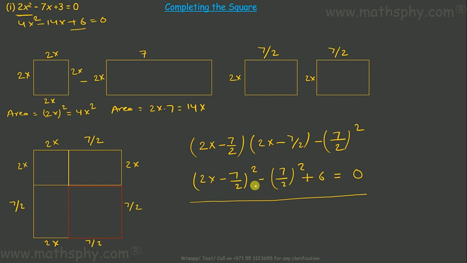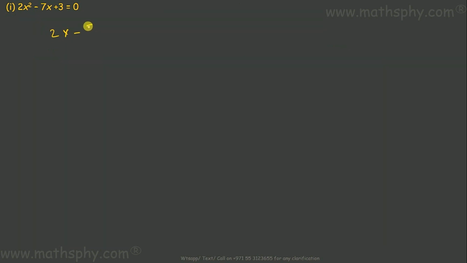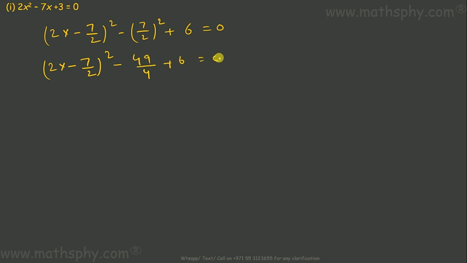Get the roots. (2x minus 7 over 2) whole square minus (7 over 2) whole square plus 6 equals 0. Let's solve this. This will be (2x minus 7 over 2) whole square minus 49 over 4 plus 6 equals 0.